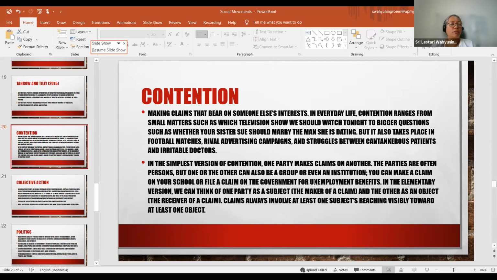So you can give a lot of examples around you of what contention is. In a very simple understanding, contention is everything that you disagree with and then you make a claim out of it.